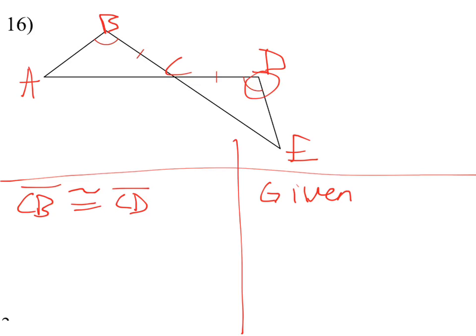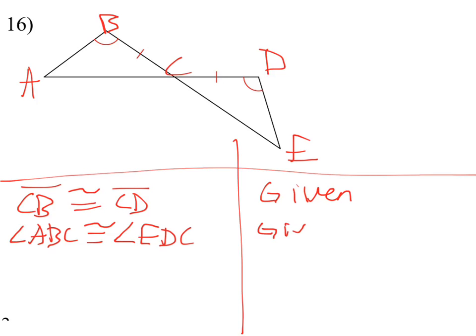And I know these angles over here match up. Those are angles ABC and EDC. So say angle ABC is congruent to angle EDC. That's a given. And we have two intersecting lines here.